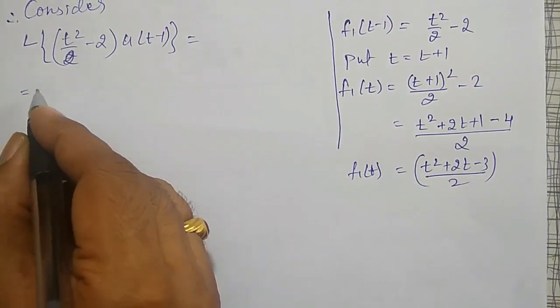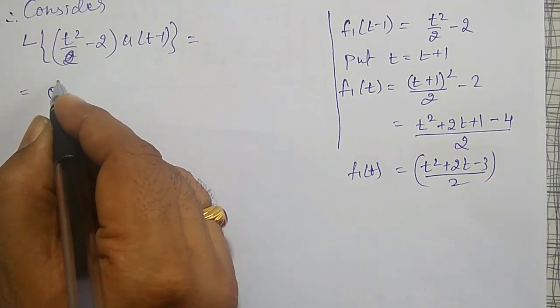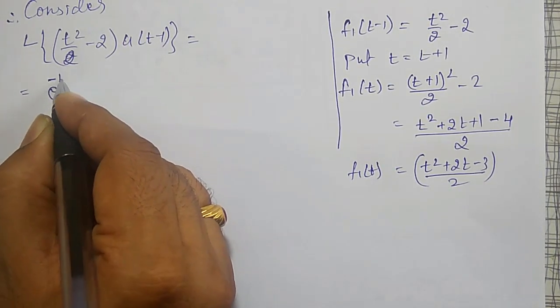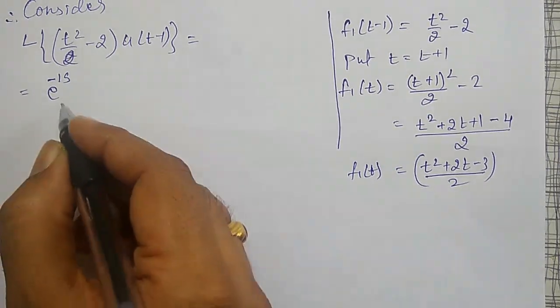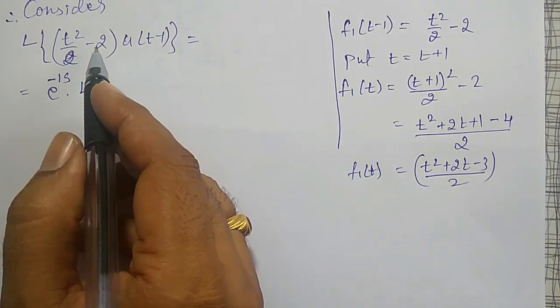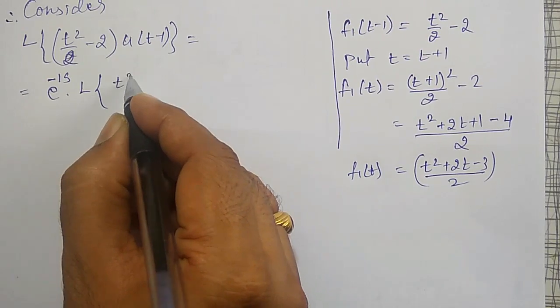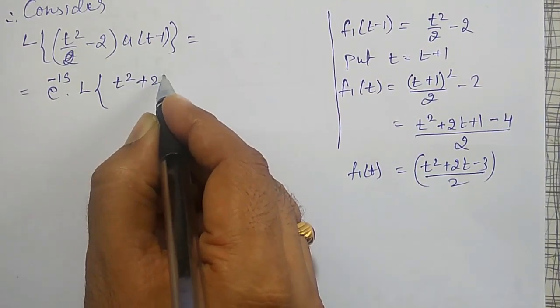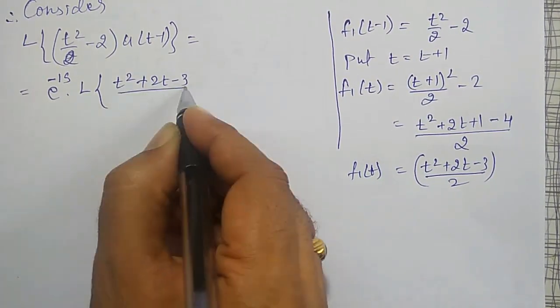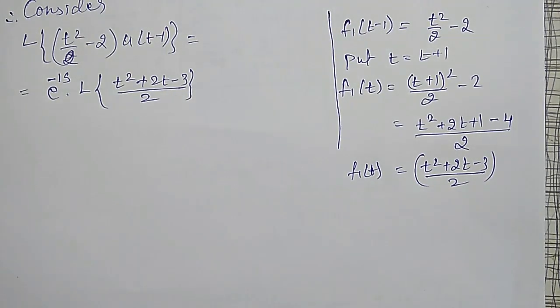Using this, I can write it as e to the power minus 1s into the Laplace transform of f1 of t, which is (t square plus 2t minus 3) whole divided by 2.